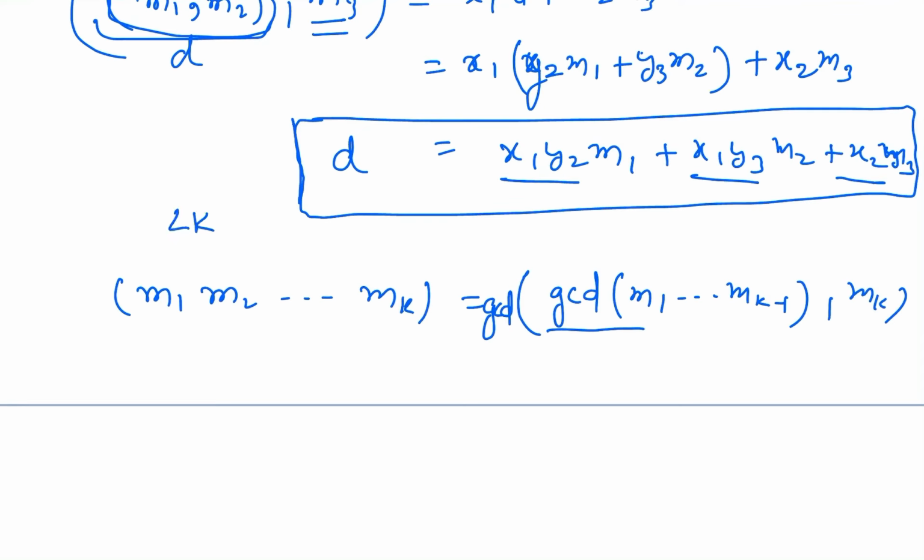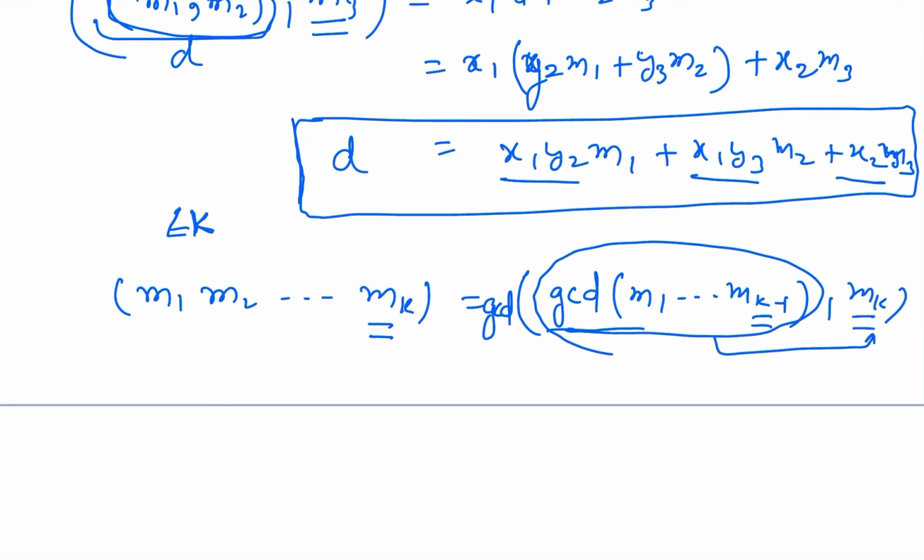That means if the number of integers is less than k, their GCD can be written as a linear combination of themselves. Then we will add another number Mk, and this can be written as a linear combination because it is less than k, and we will apply the GCD of 2 for this.